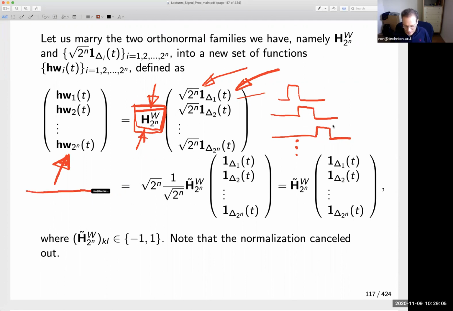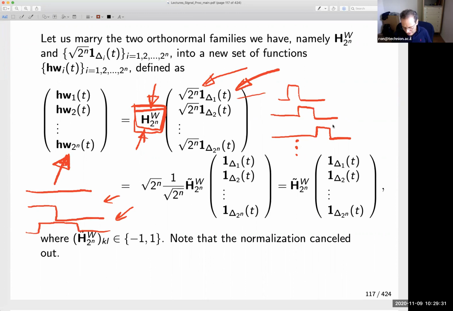The second one was something like that. The third one was something like that. And you can see that there is a nice property to this new construction of functions that would allow me to somehow split my interval each time into 2, hopefully, and achieve a better representation of my signal.